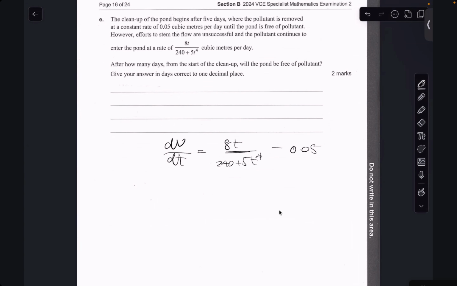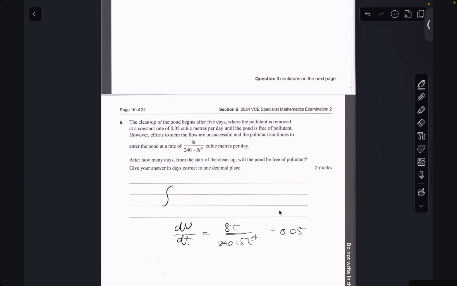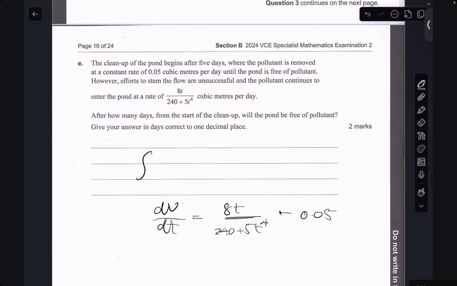So in other words, the integral from the initial time until a certain time of this is equal to 0.